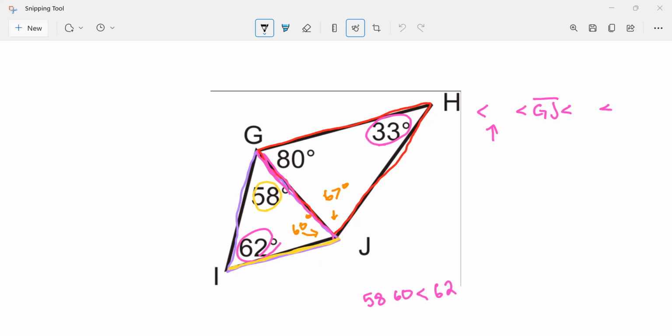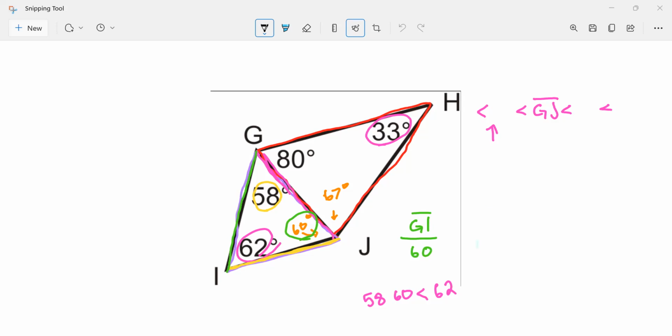And likewise, the other angle, 60 degrees, will correspond to its opposite line. So we can write it as GI, the line, over 60. Now we're going to compare it to JI over 58.